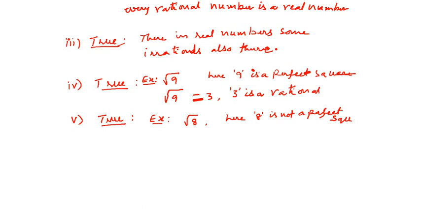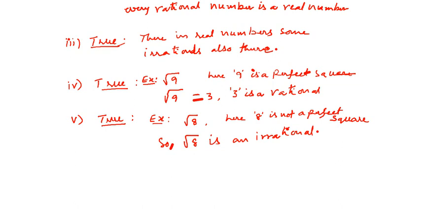When it is not a perfect square, then what do you say as per the above said rule? Root 8 is an irrational. As per the above said rule, if n is not a perfect square, then root n is an irrational number. So root 8 is an irrational.